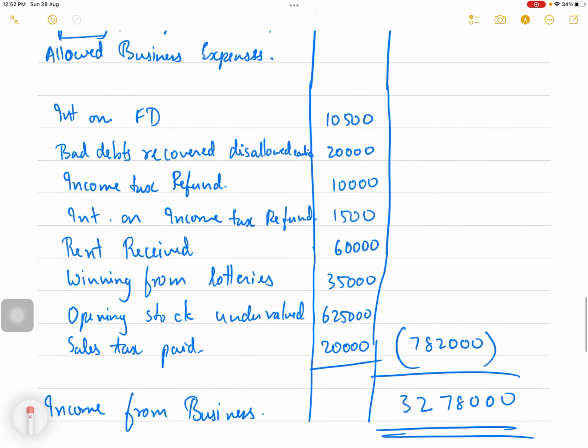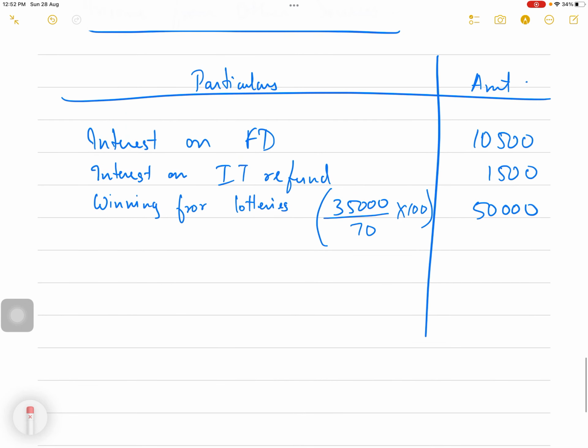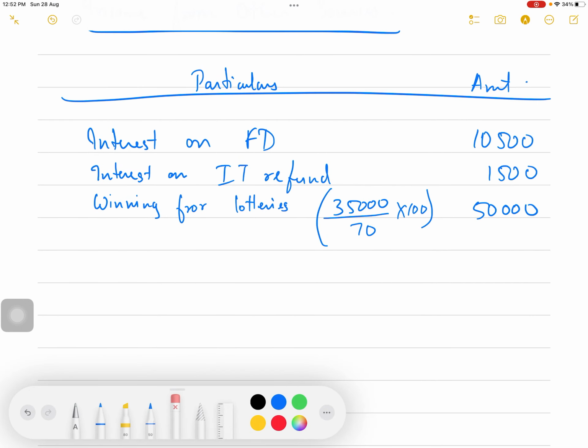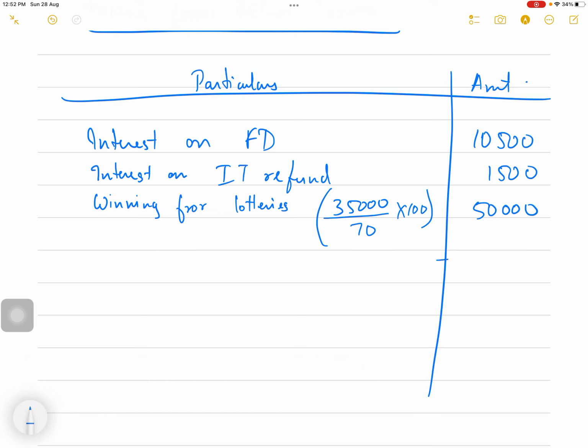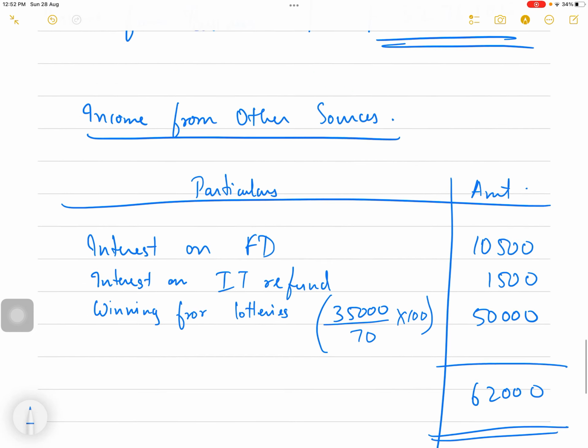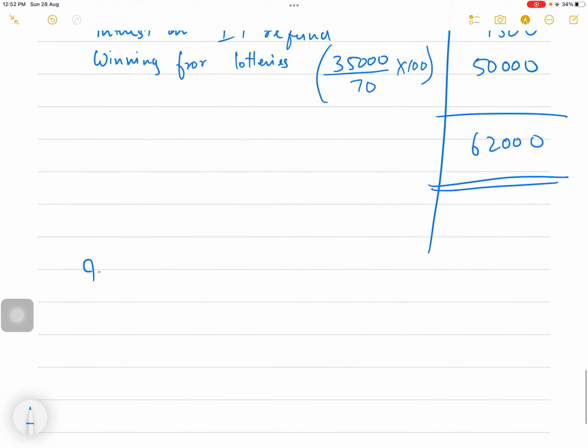Rent received 60,000, I'll show it as income from house property. So this is 62,000. This is income from other source.